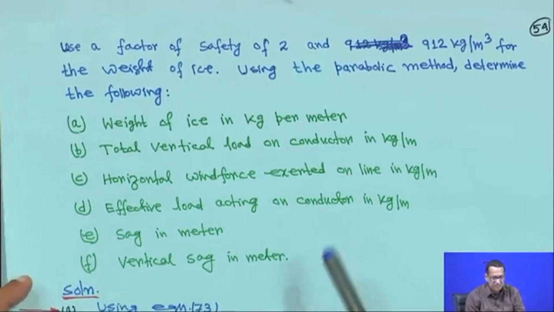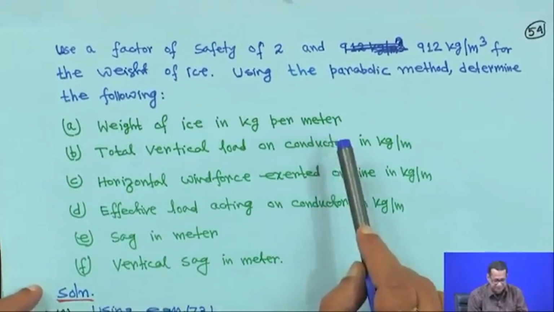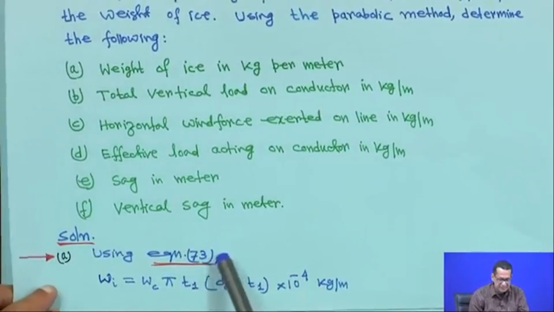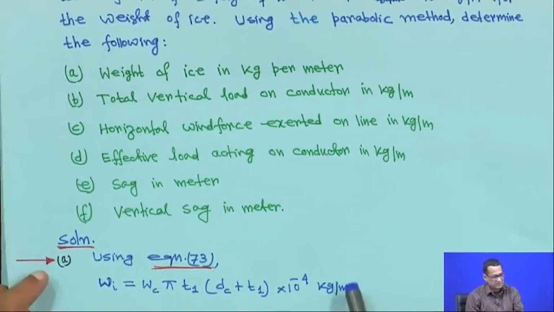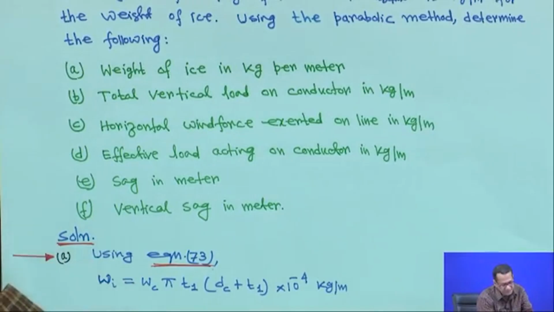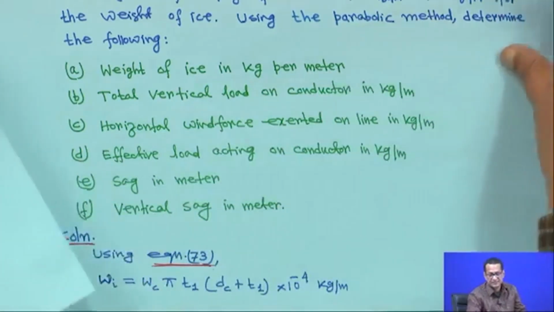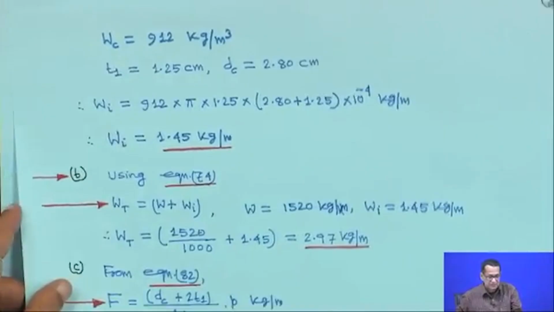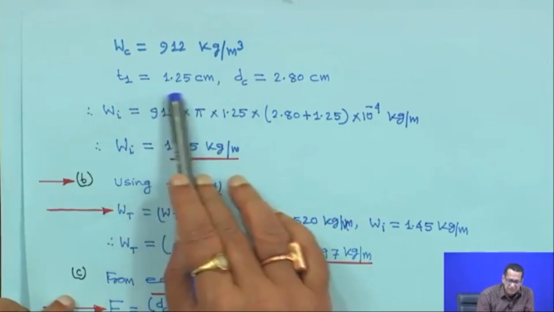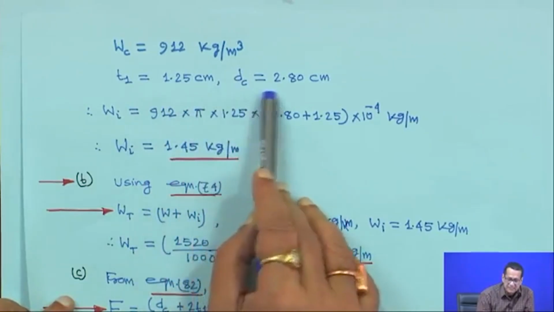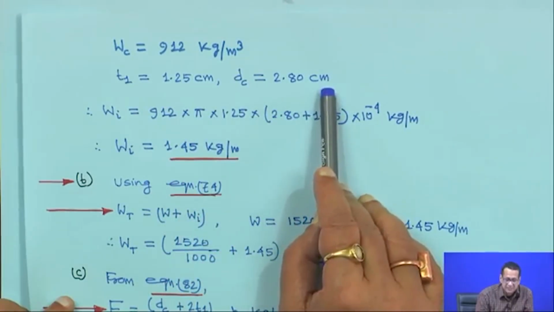Now, first one is weight of ice in kg per meter. Using equation 73, W_i is equal to W_c into pi into T_1 into (d_c plus T_1) into 10 to the power minus 4 kg per meter. All the data are given. W_c is 912 kg per meter cube, T_1 is 1.25 centimeter, d_c is 2.80 centimeter.